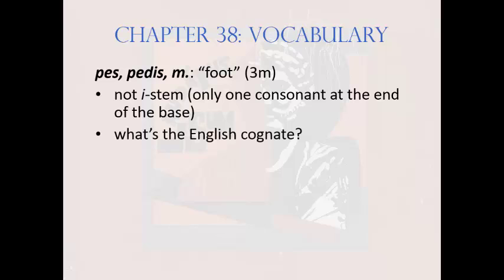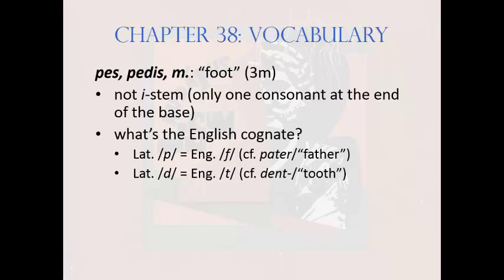What would be the English cognate of this base? Remember Grimm's law. Latin P is equal to English F, like pater and father. Latin D is equal to English T, like dent and tooth. So change P to F and D to T, and you get foot. You probably don't need that to remember what pes, pedis means, but isn't it nice to know?